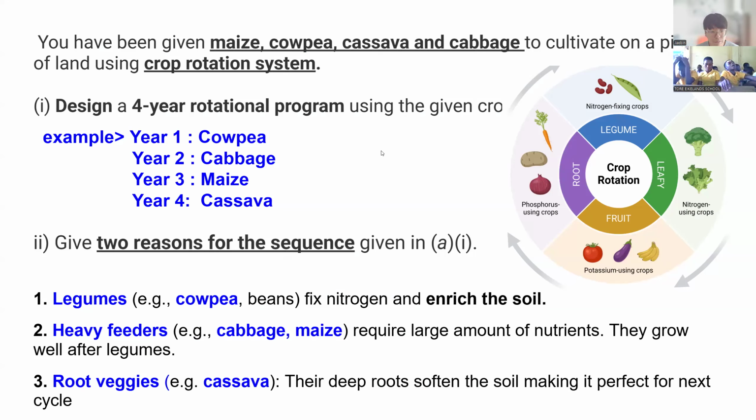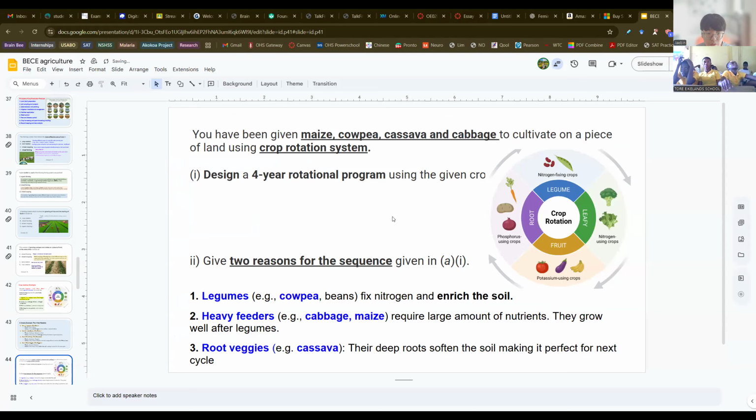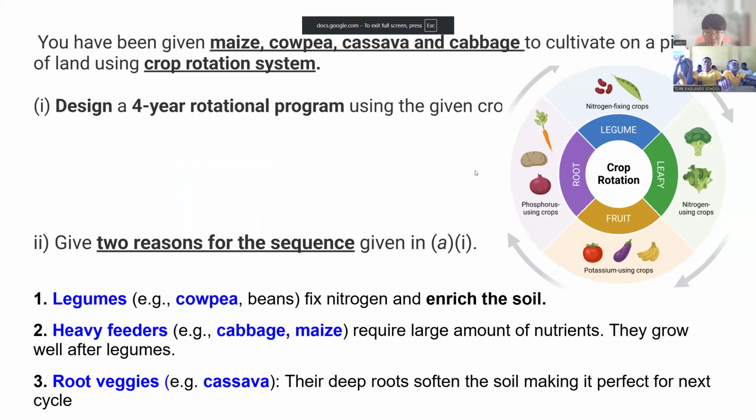Okay. So you have been given this question: maize, cowpea, cassava, and cabbage. Let's actually try this yourself without an example. I think this will be better.